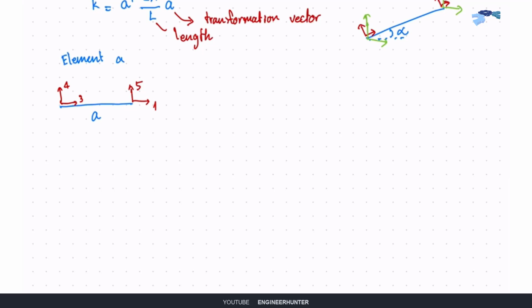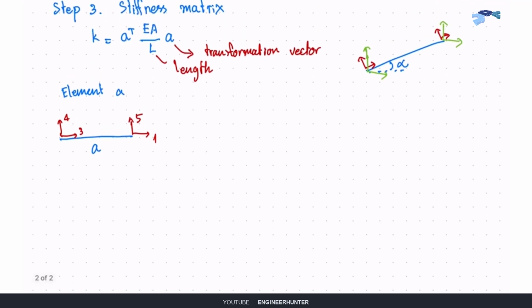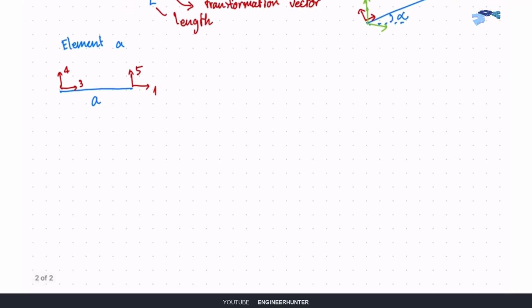And for the transformation vector, you can define it. It is equal here. I will write it first, and then I can explain later.